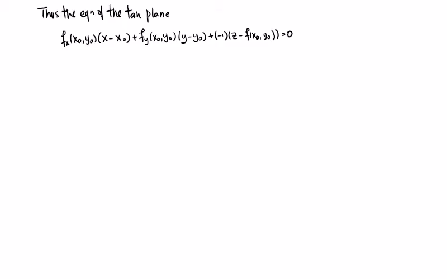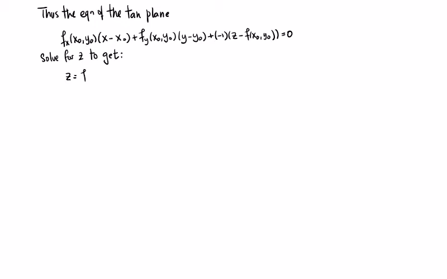So I'm going to solve this for z, just like at the very beginning when we were looking at tangent line approximation, we solved for y. Here I solve for z. We have a negative z, so I'll just move it to the right and write it the other way around.